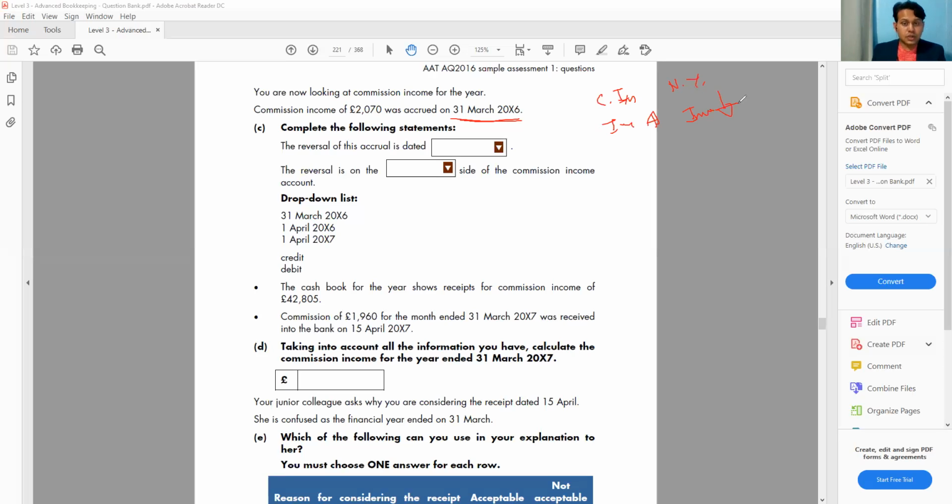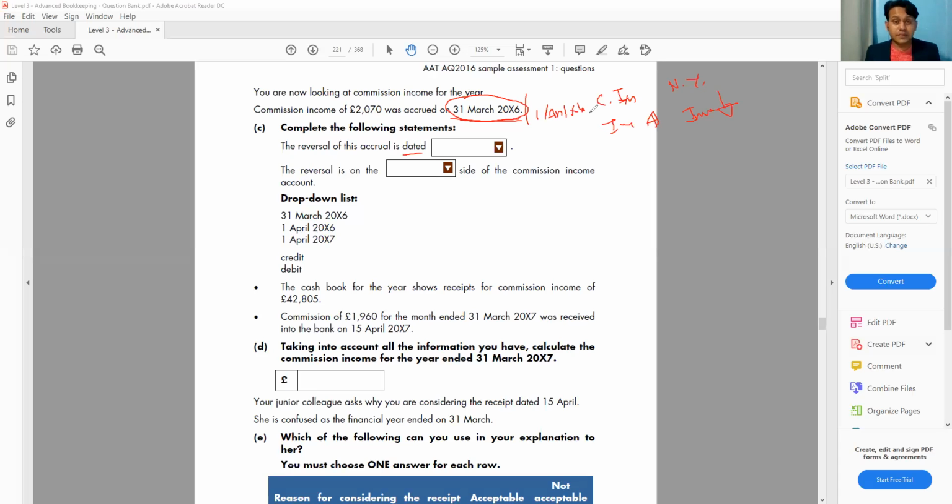Okay, so let's read the question. Complete the following sentence. The reversal of this accrual is dated. Remember, the reversal date will be the very next day after the year ending. So your year ending is 31st of March 2006. So just the next day, 1st of April 2006, on that day it will be the reversal.